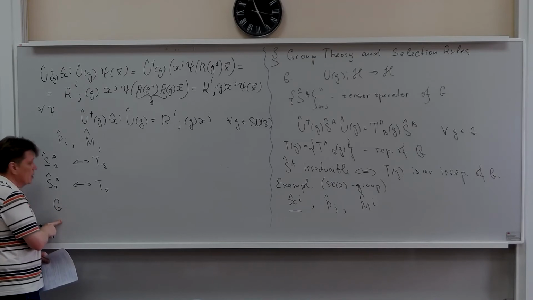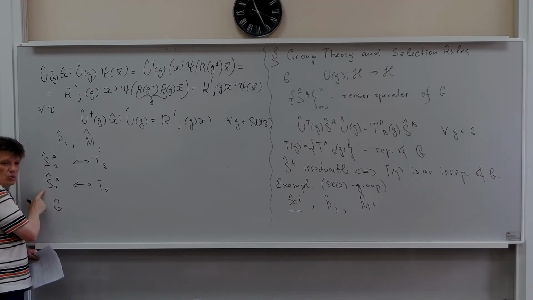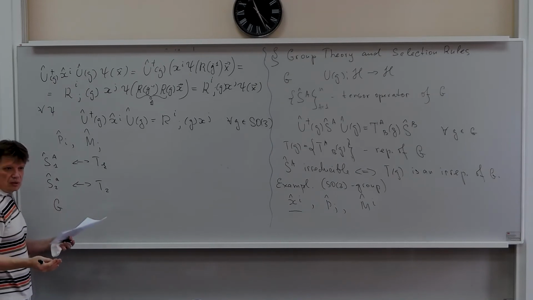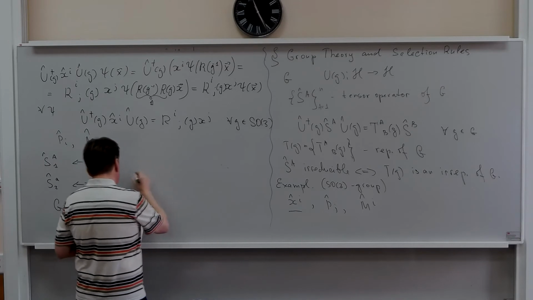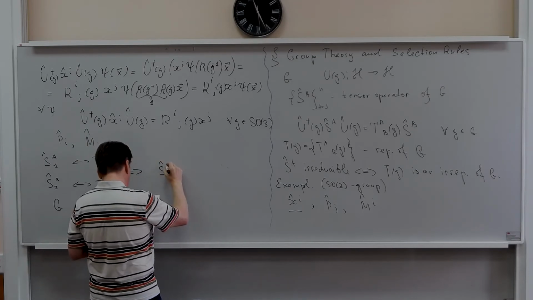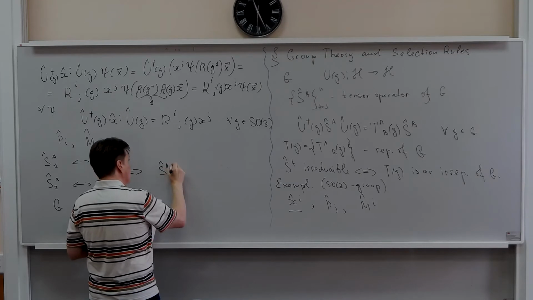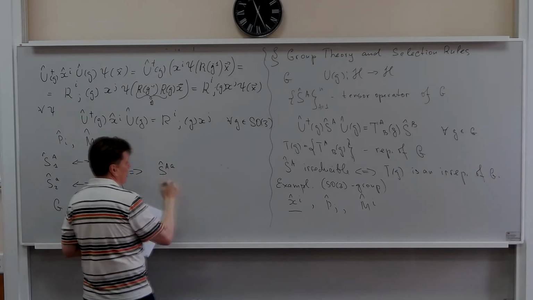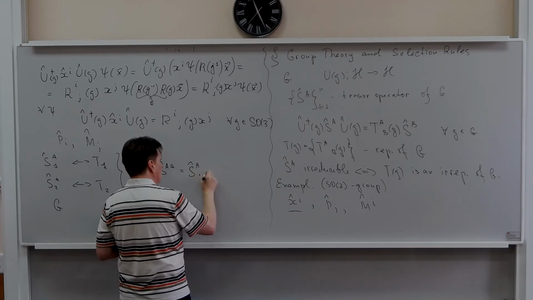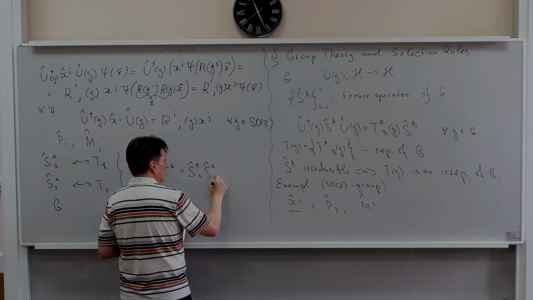Then we can multiply these operators, right? This is just an operator, so you can multiply operators and get the operator S_A, which is given by the product S1_A and S2_A.